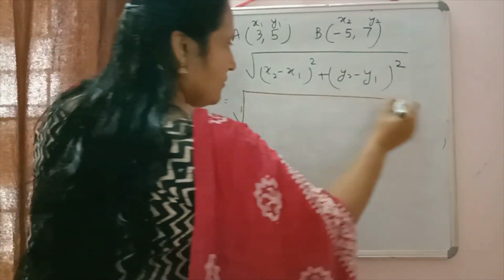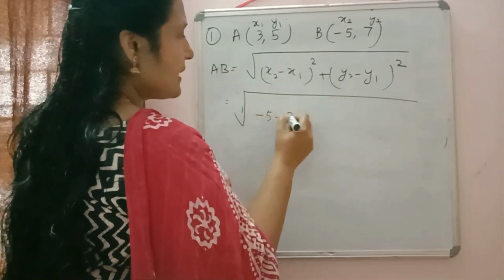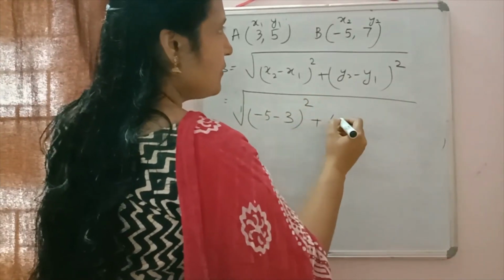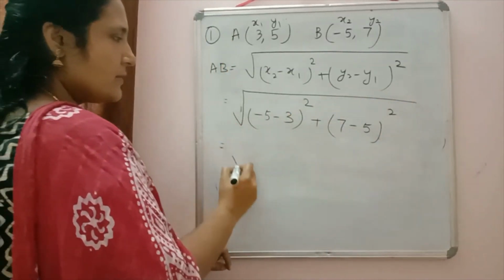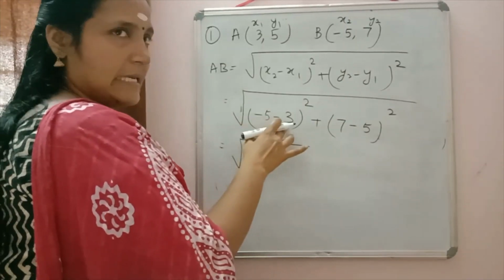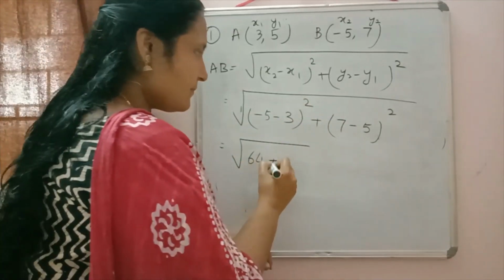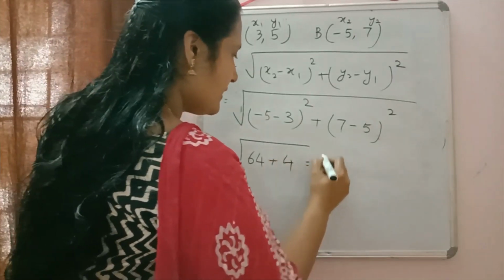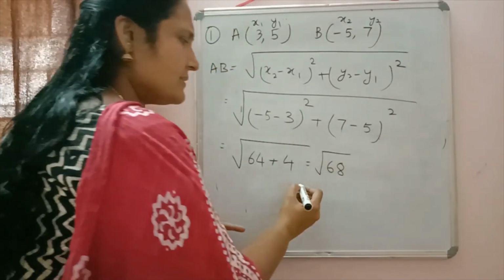Now substitute the values: square root of (minus 5 minus 3) the whole square plus (7 minus 5) the whole square, which is equal to square root of minus 5 minus 3, which is minus 8, and minus 8 squared is 64, plus 7 minus 5, which is 2. 2 squared is equal to 4. So we are getting here root 68.